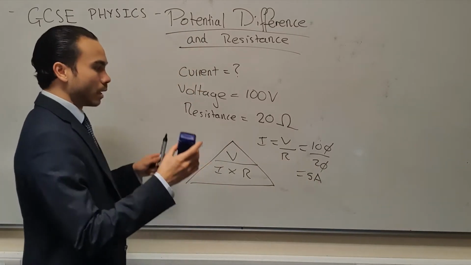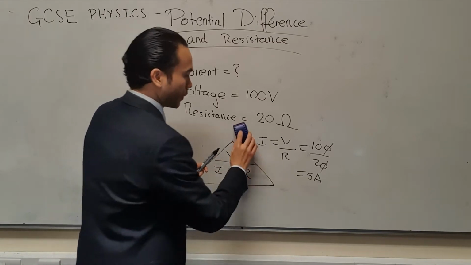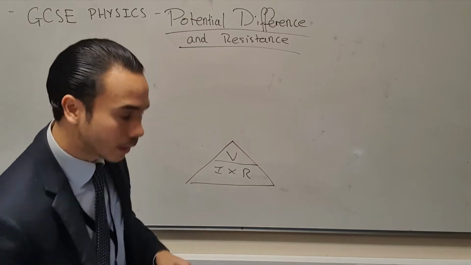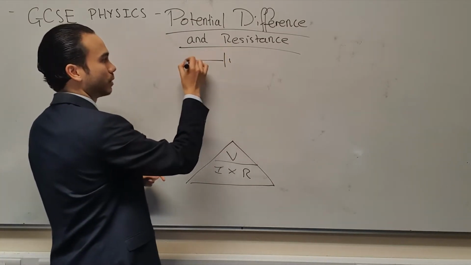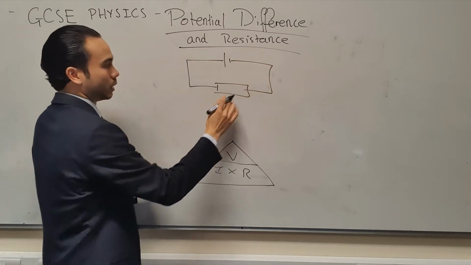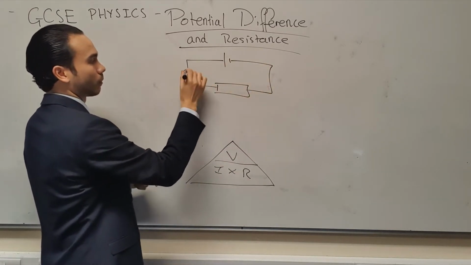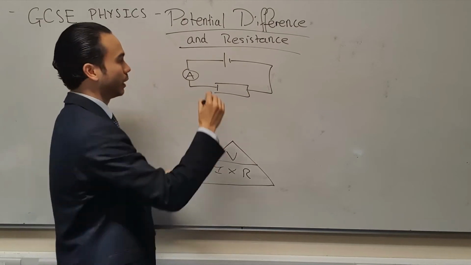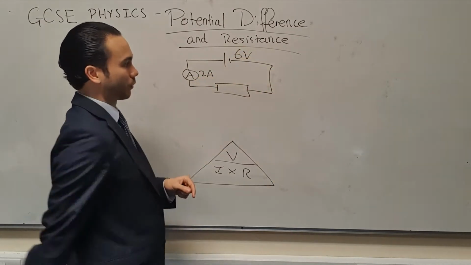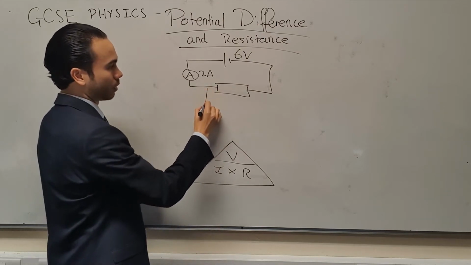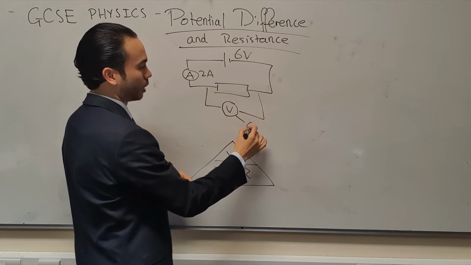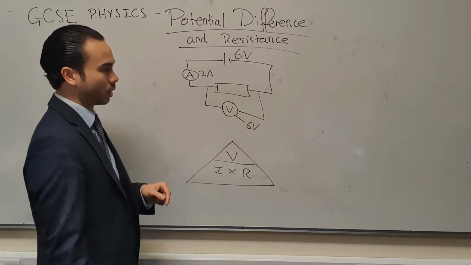Now, in exam questions, sometimes, let me draw a simple series circuit. Here's my external resistor. I'm given an ammeter reading of 2 amps, and there is 6 volts across there, so my voltmeter reading also measures 6 volts.